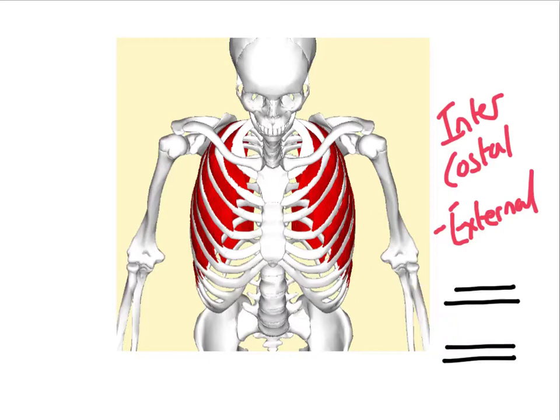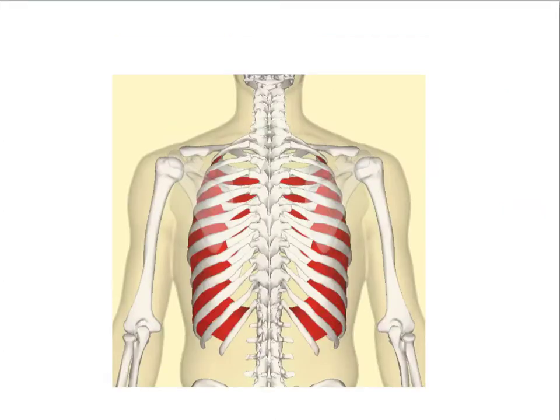So if we imagine, for example, just at the bottom of the screen here, I've drawn our two ribs. Our intercostal muscle essentially is just layered over the top as so. Our internal intercostal muscles are layered exactly the same way, but they're just layered on the inside of the rib cage.